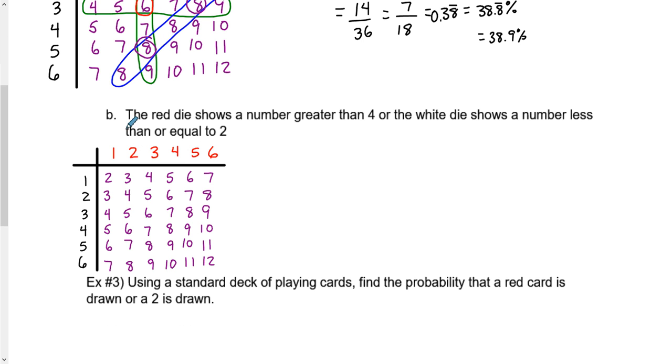So our question now says, what's the probability of a red die showing a number greater than 4 or the white die showing a number less than or equal to 2? So what would be the red die showing greater than 4 unioned with the white showing something that is less than or equal to 2?